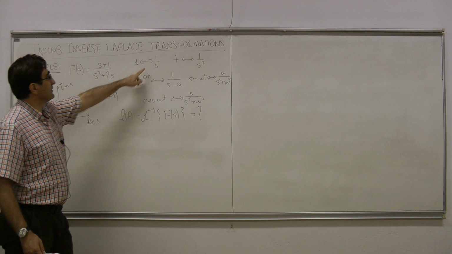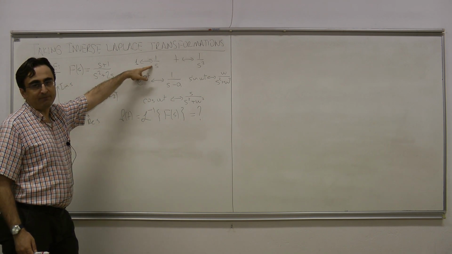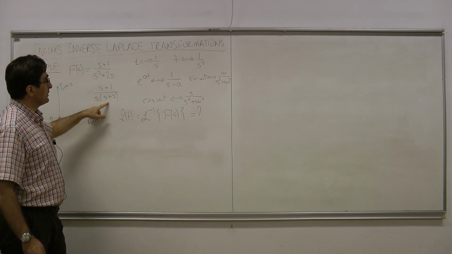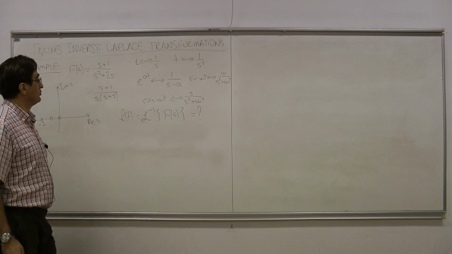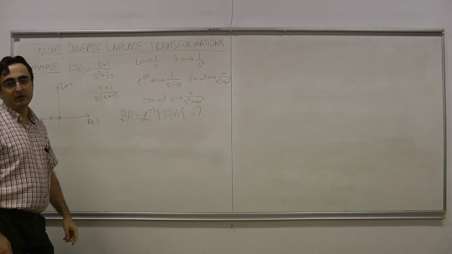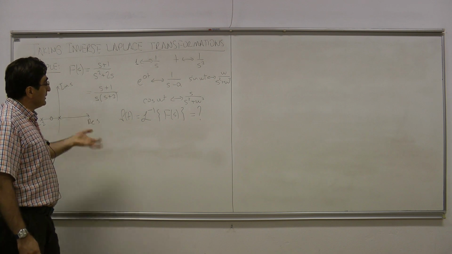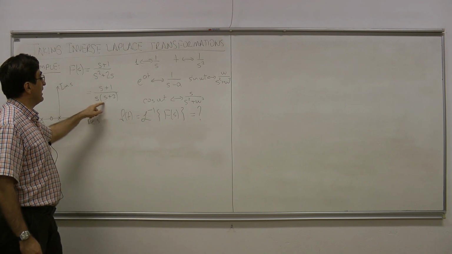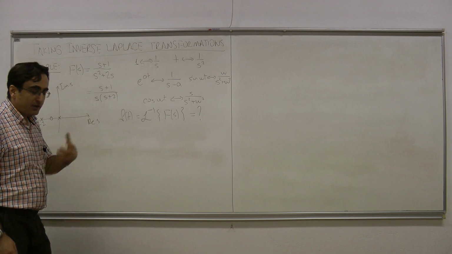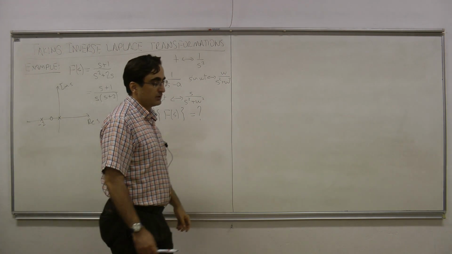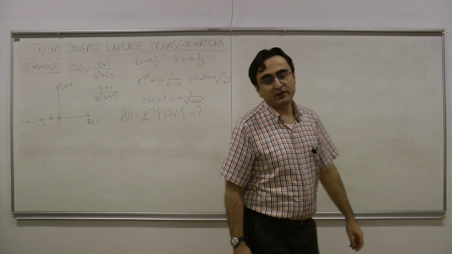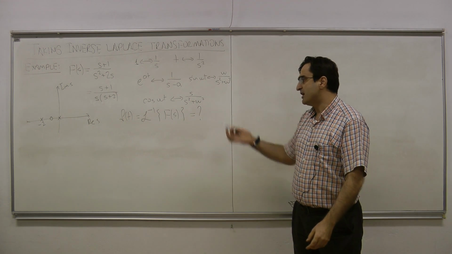Remember, 1 over s is the unit step function, and 1 over s plus 2 is e to the minus 2t. So if I can write this function as a linear combination of 1 over s and 1 over s plus 2, then I will know what the inverse Laplace transformation would be by using the linearity property of the Laplace transformation.